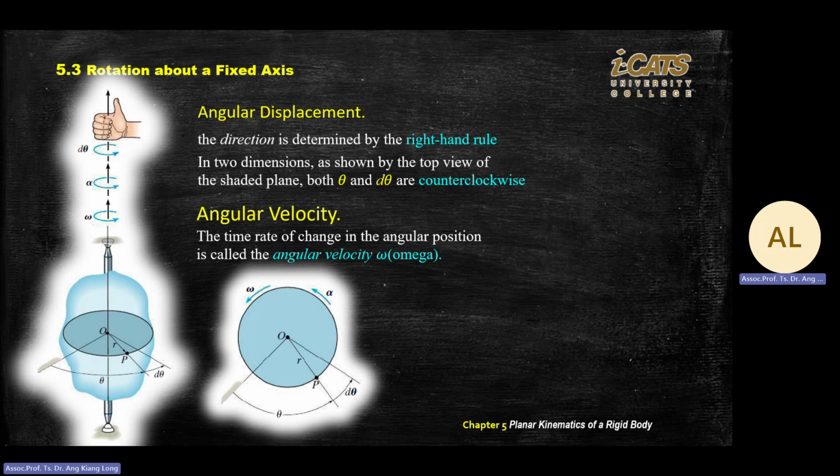We call it omega, angular velocity omega. When you have angle and you take the time differential of the angle, you get omega. Omega is positive anticlockwise, like position. When you have an angle, there's a change of angle, you time differentiate. Omega equals d theta dt.